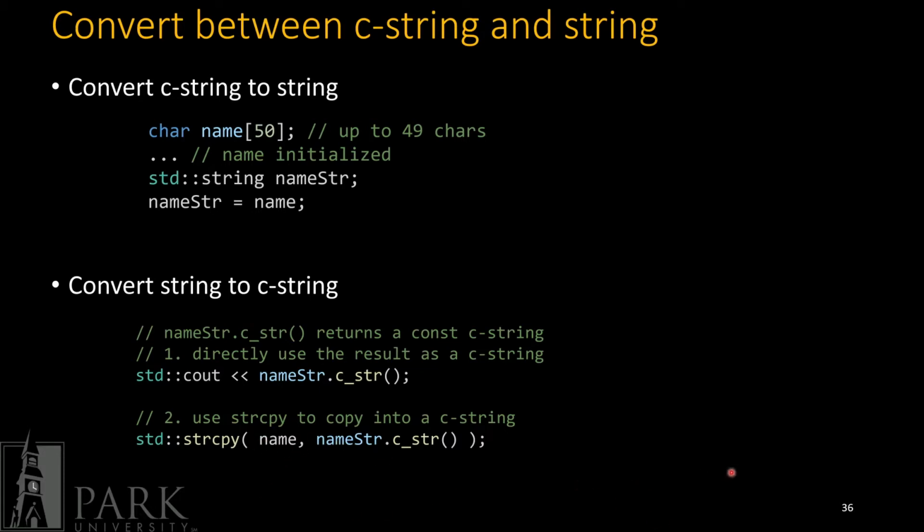Okay, but remember, you cannot assign one C string to another C string. You got to use some form of the strcpy function, whether it's the secure version, whether it's strncpy, that's up to you, but you can't just say, you know, cstring1 is equal to cstring2, right? You can't directly assign it like you would other variables.